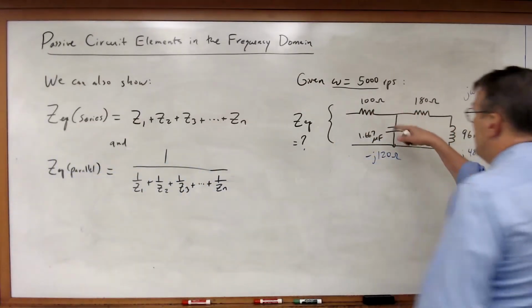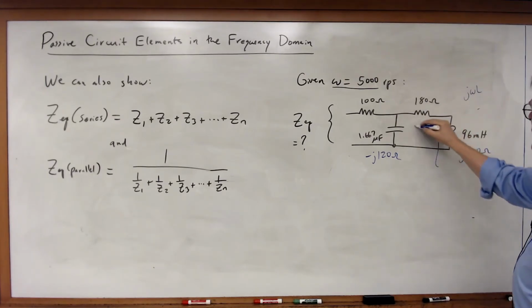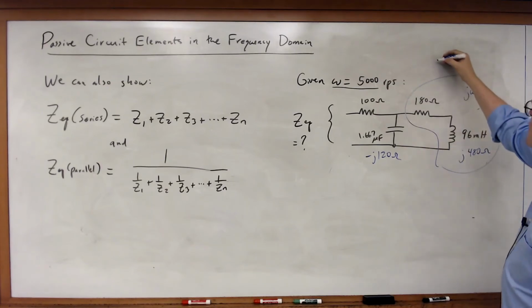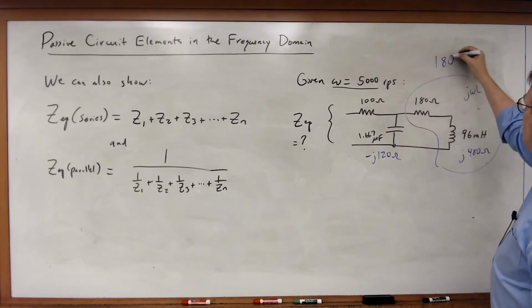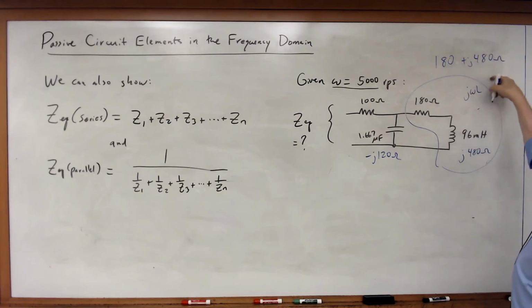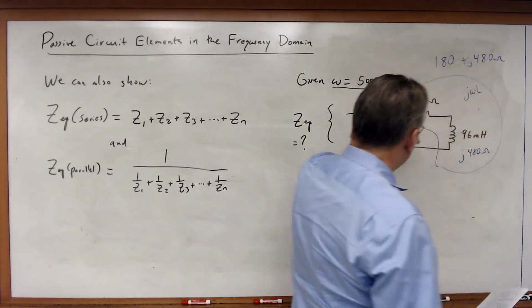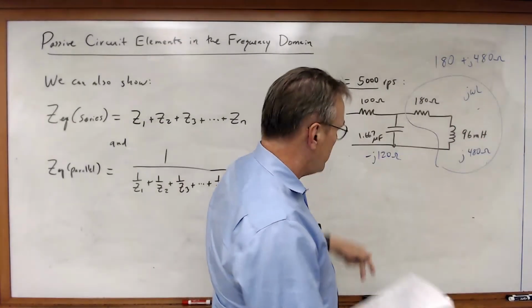So let's take this now and let's combine this together. We're going to use the same rules of combining we did before. So what do we have here? These are going to combine into an impedance of 180 plus J 480 ohms when I combine those together. And now this is in parallel with this.